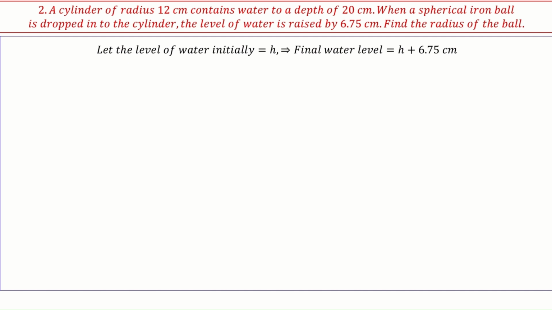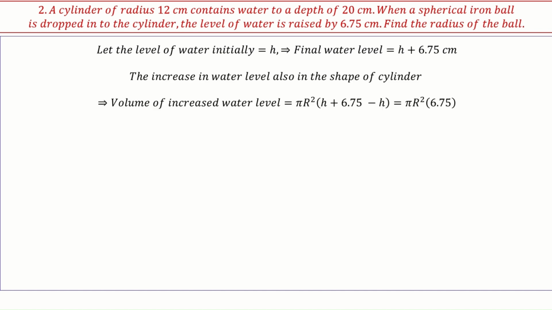Initial water level is H, so final water level is H plus 6.75 centimeters. The increase in water level is also in the shape of a cylinder. So volume of increased water level is pi r square into H plus 6.75 minus H, which is pi r square into 6.75. Okay, this is the increase in water level, correct?